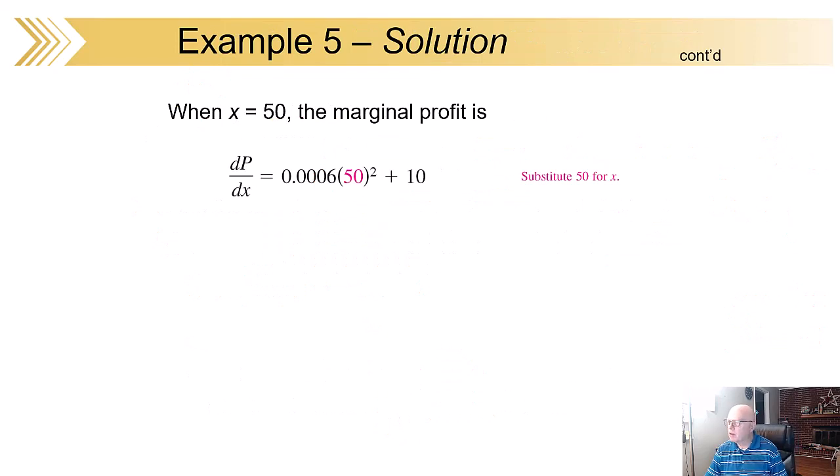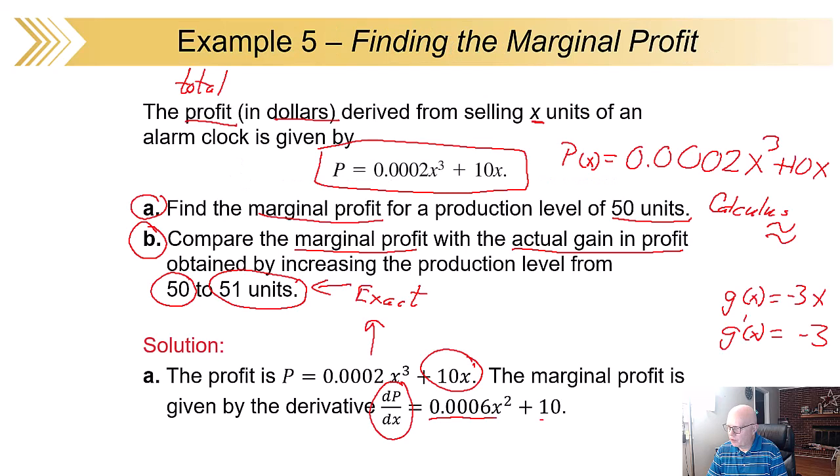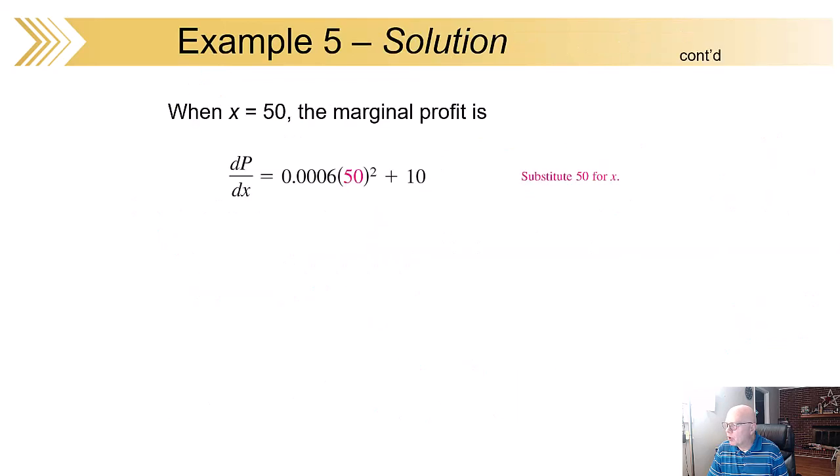Moving along. So here is our, if you look back here for a second, you might want to write this down because I don't have it copied. There's our marginal profit function, our derivative. If you take this, and we want to find out what the marginal profit is at a level of 50.